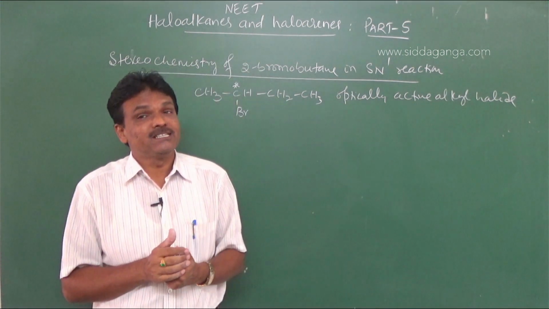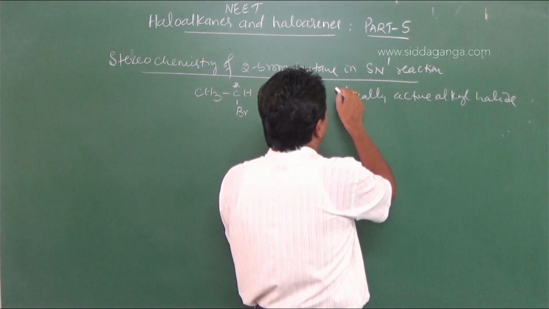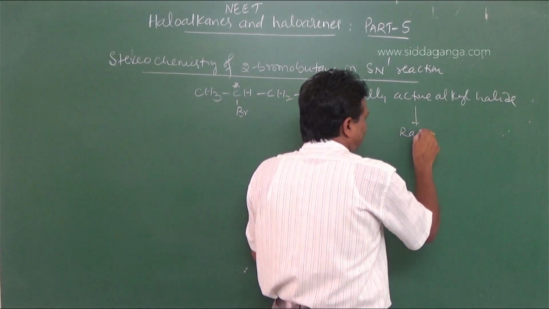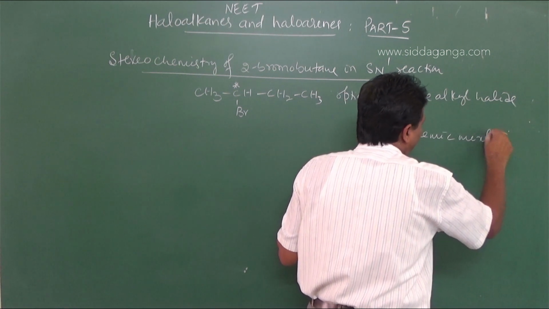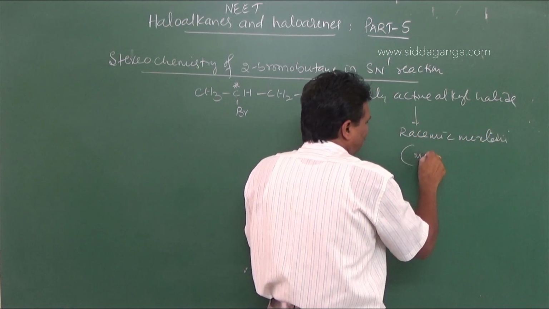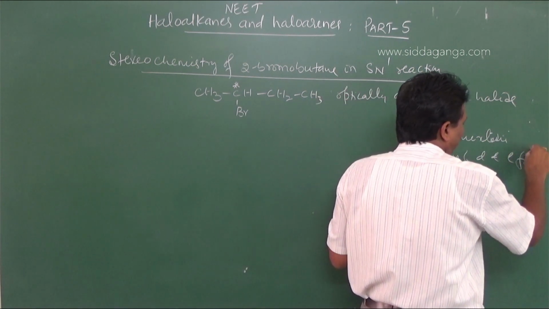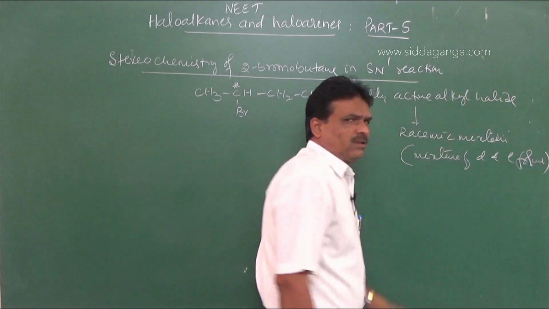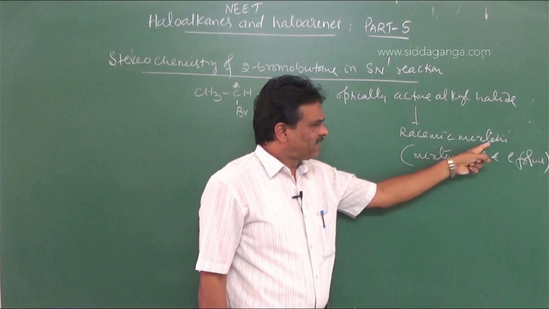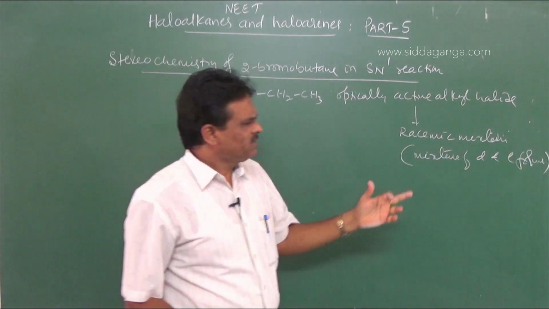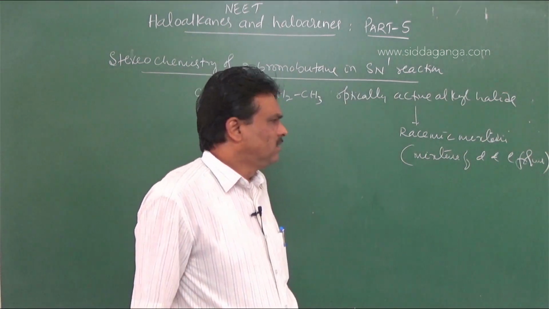What is meant by racemization? Conversion of an optically active alkyl halide into a racemic mixture, which means it can form both D and L forms. Racemic mixture means a mixture of equimolar quantities of both D and L forms.